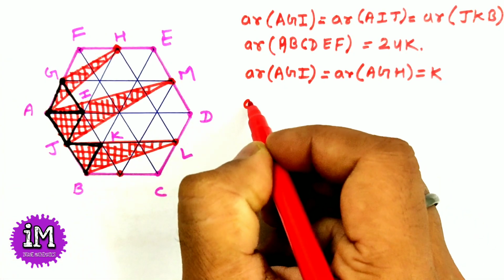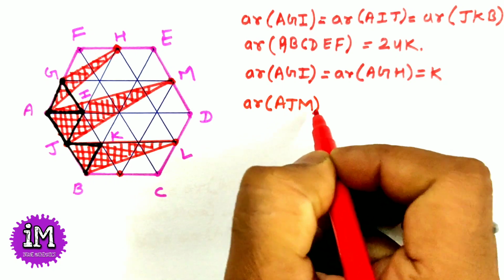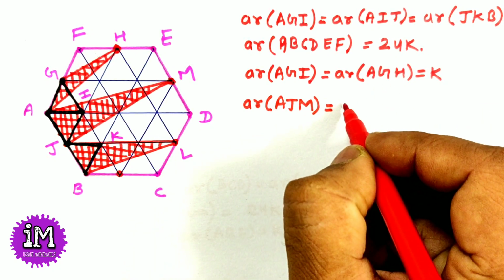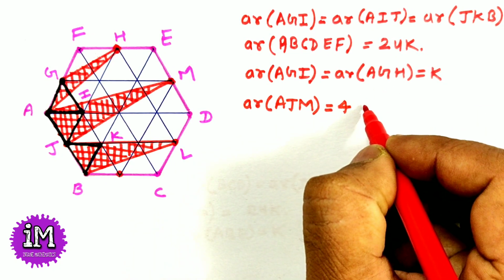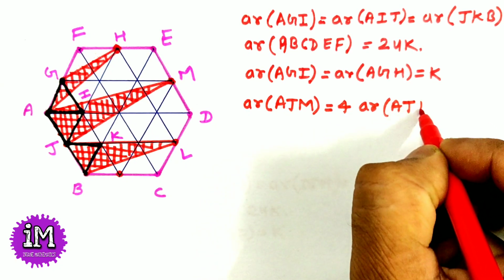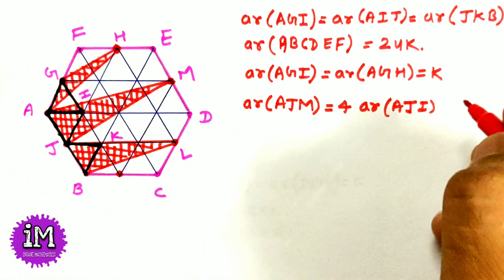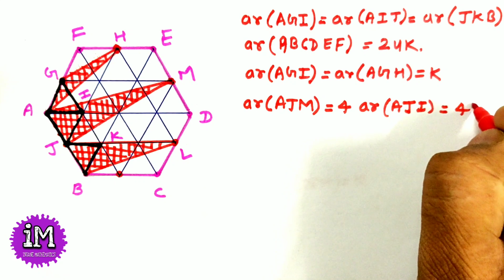That means the area of triangle AJM will be 4 times the area of triangle AJI, so it will be equal to 4K.